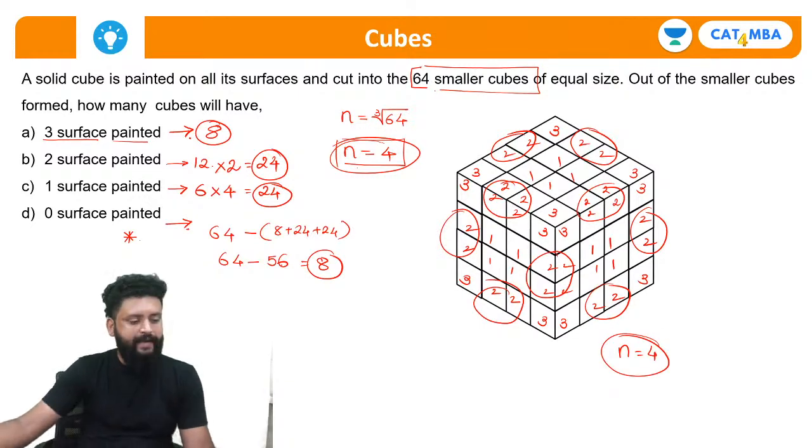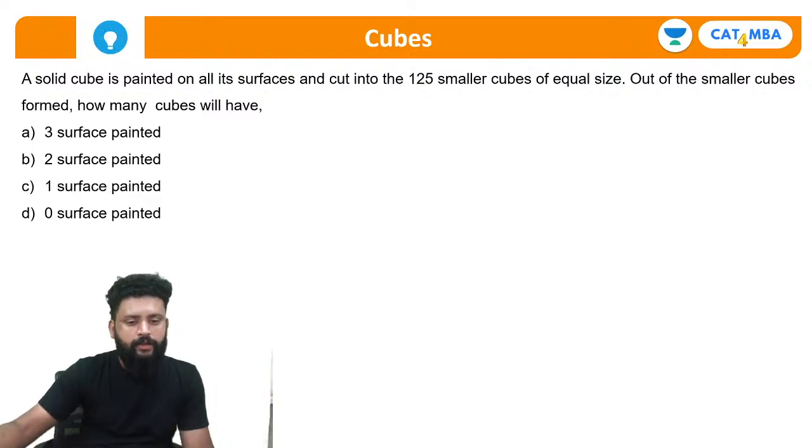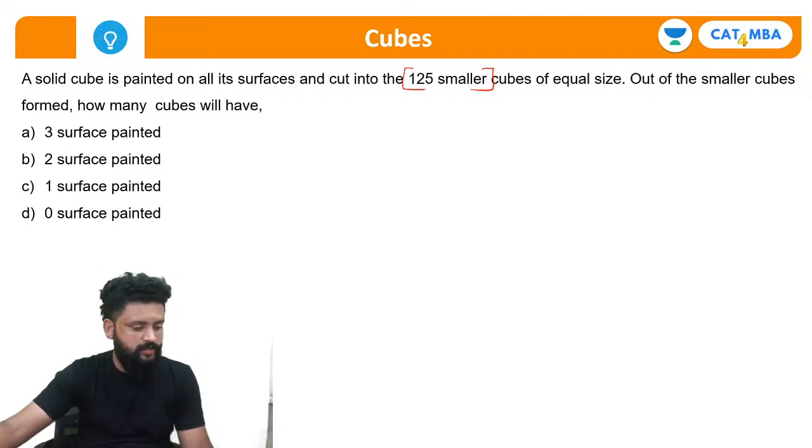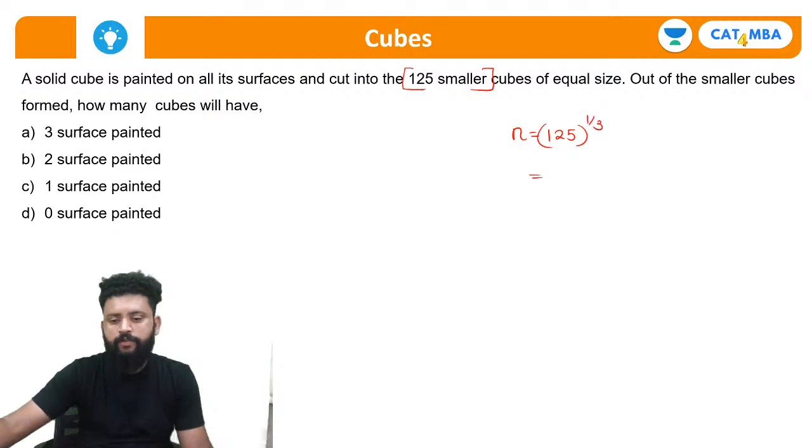Now I'll increase the value to 5. If I take the same question with 125 smaller cubes instead of 64, the value of n must be the cube root of 125, and n will be equal to 5.